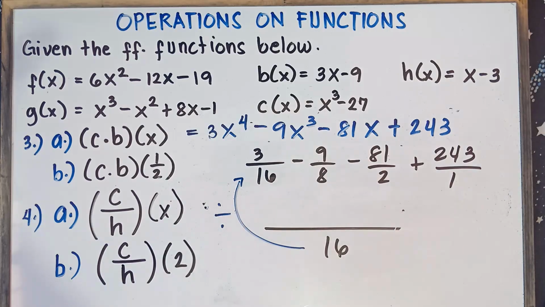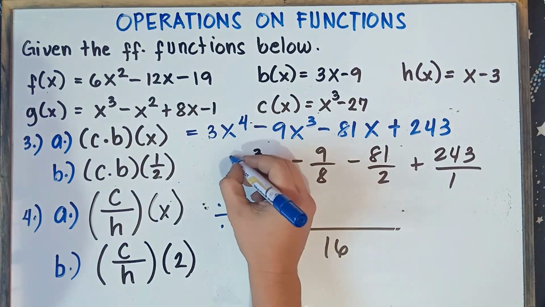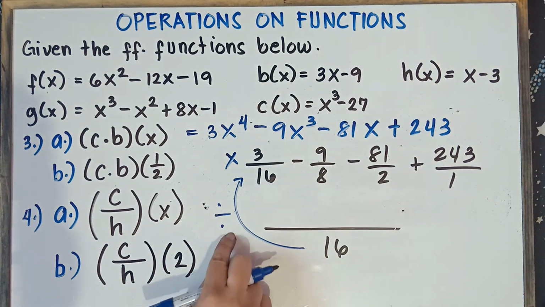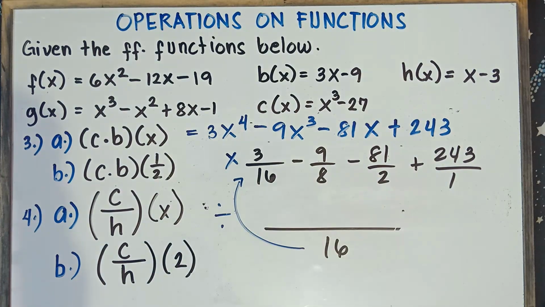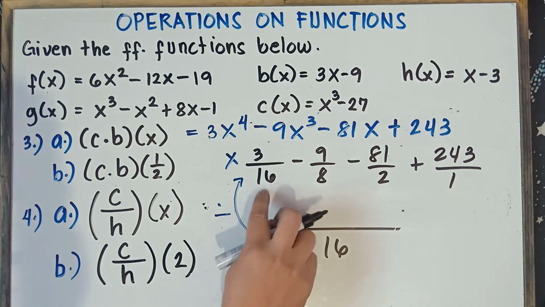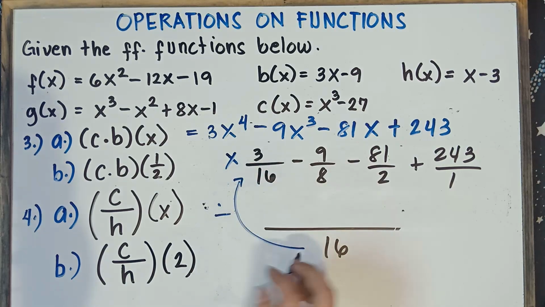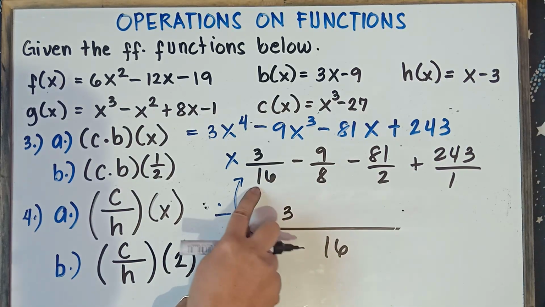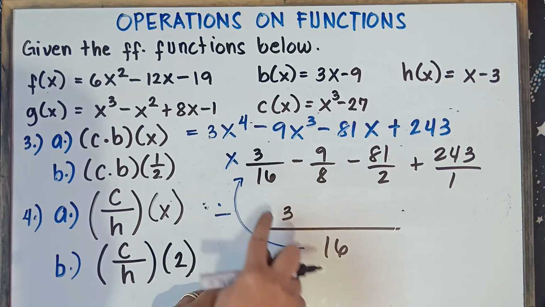That's correct, that would be 1. And then simply multiply it by 3. I hope you still remember this one, class. During your elementary years, you had this, addition of fractions in which they don't have the same denominators. So simply divide and then multiply: 16 divided by 16 would be 1, times 3, that would be 3.